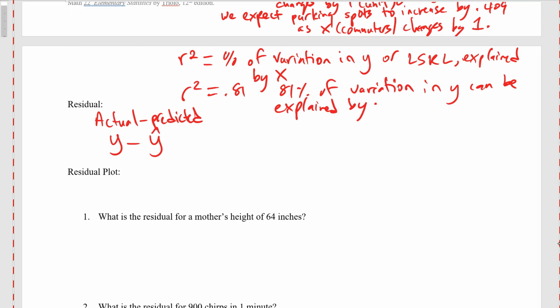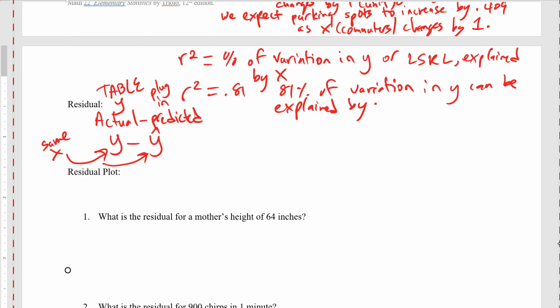Both of these will have the same x. So the same x, I'll look at the y. This will actually come from the table. So from the table, we'll get the actual y. The predicted, we will get by plugging in the x to get the predicted.